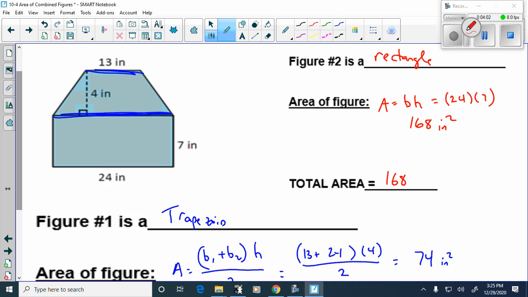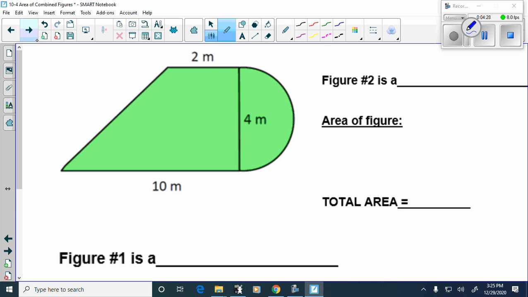So 168 plus 74 is going to be the total area of that house-looking object. That works out to be 242 square inches. All we did was take figure number 1 and add figure number 2. So we'll use that same idea on this strange looking shape.